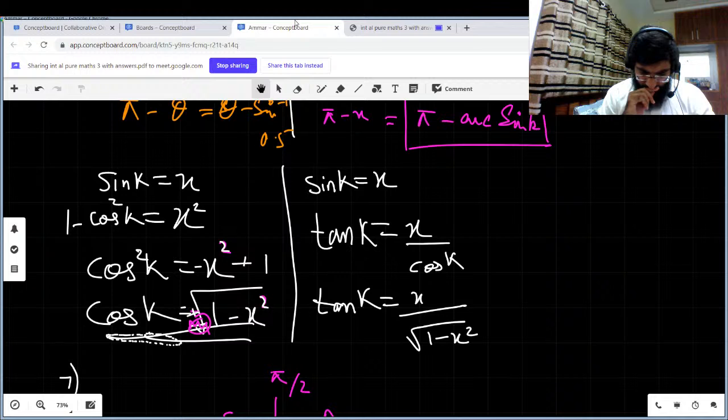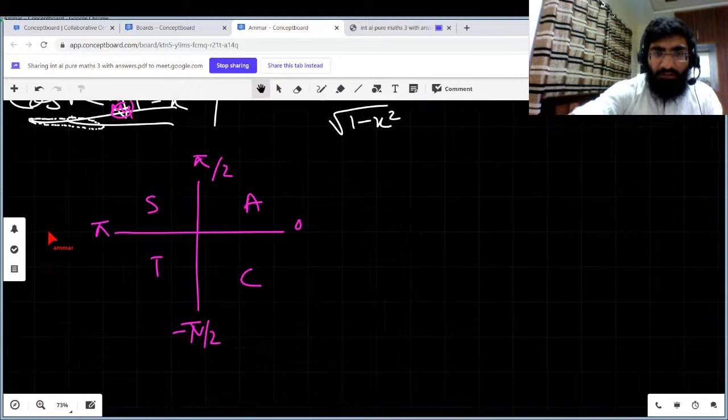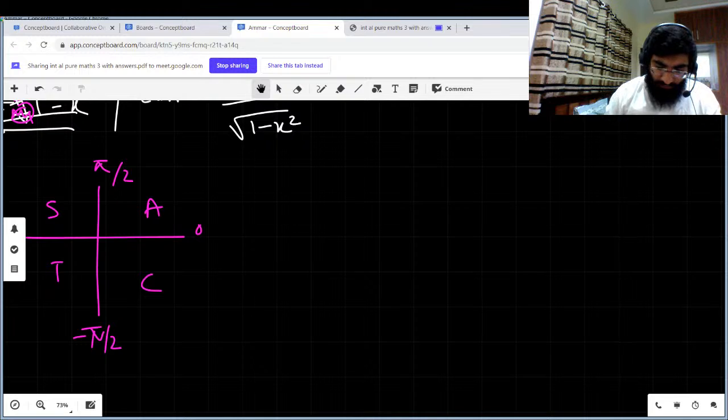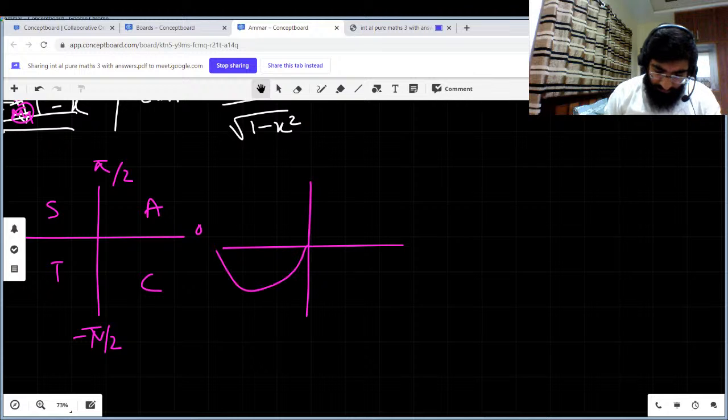If we look at the diagram, this would be for sine, and for cos it would be like this.